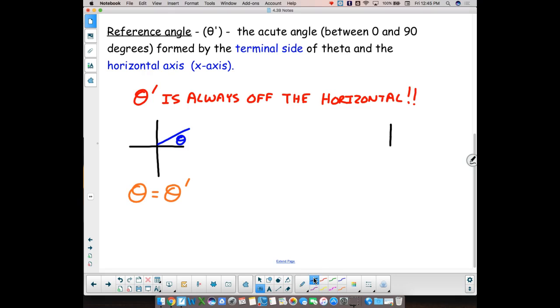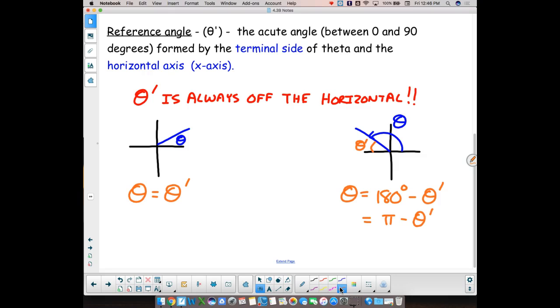In quadrant number 2, theta would be here. Theta prime, my reference angle, would be there. So in quadrant number 2, theta is equal to 180 degrees minus my reference angle, or it's equal to pi minus my reference angle, depending upon if I'm in degrees or radians.